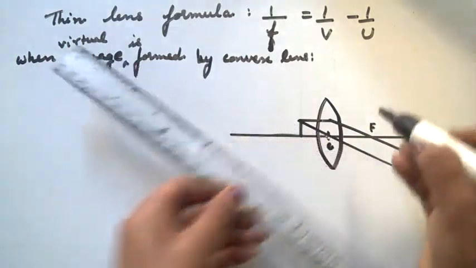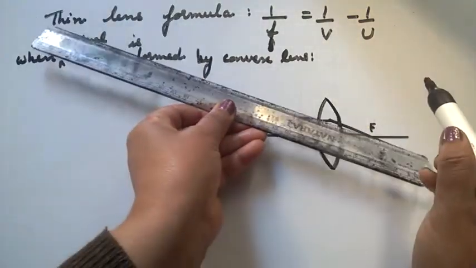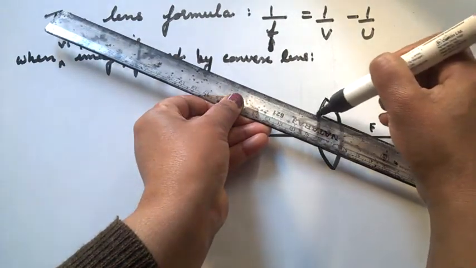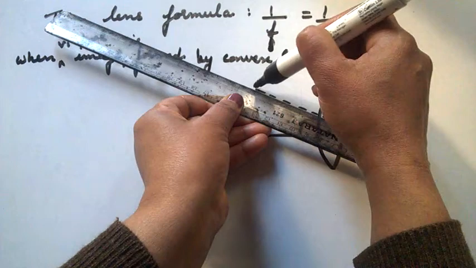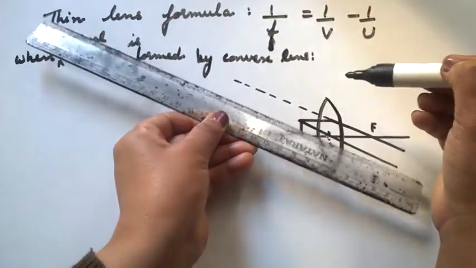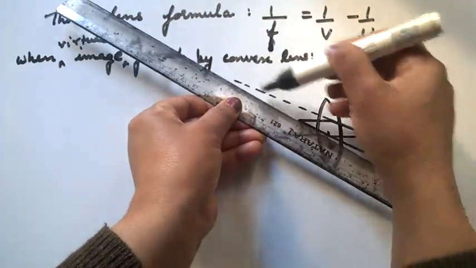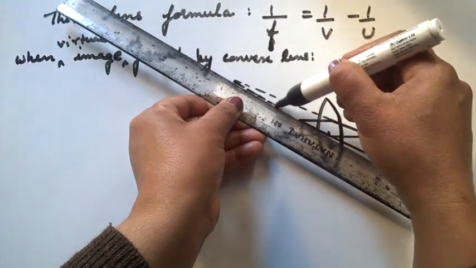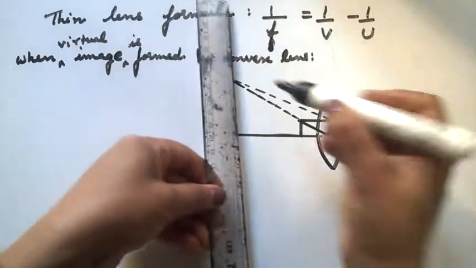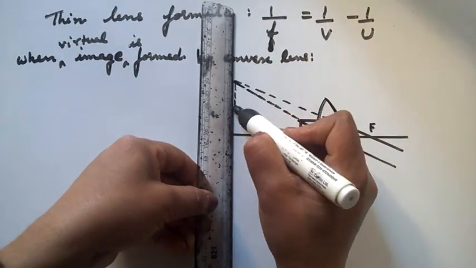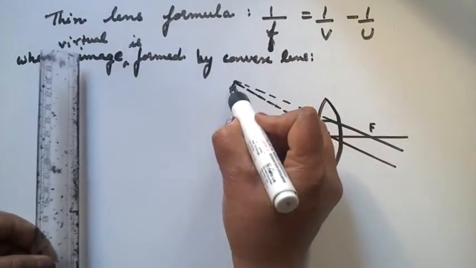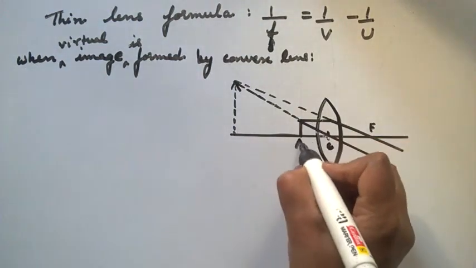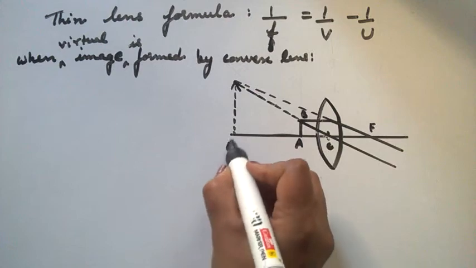So here the image formed will be on the same side and highly magnified, virtual and erect. Here the object is AB and the image formed is A dash B dash.